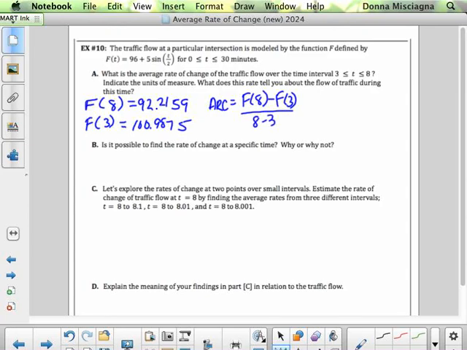over 8 minus 3. So that is 92.2159 minus 100.9875, divided by 5. And let's just write the final answer here, which is 1.754. I just put in 3 decimal places.